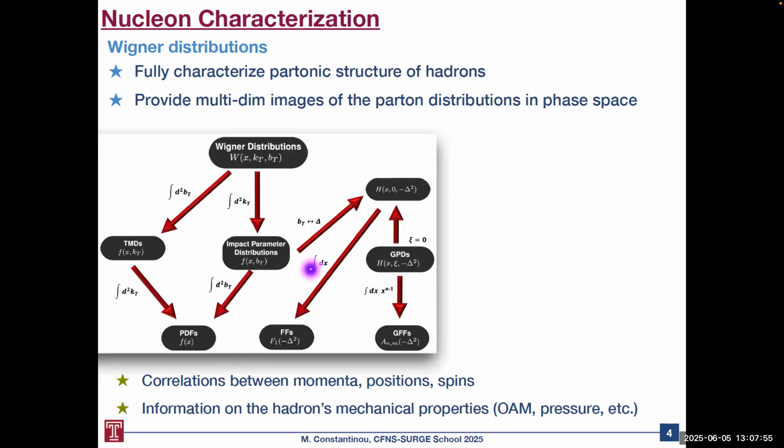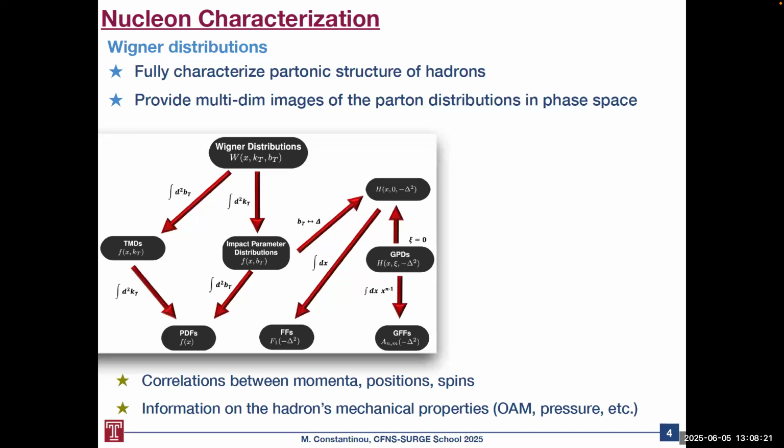There are these different arrows, and of course, the parent quantities, Wigner distributions, which are 5-dimensional objects, are very difficult to calculate. And there are all of these other observables, starting from the simple ones down here, which are 1-dimensional. These are 3-dimensional, and this is 5-dimensional. When I say dimensional, I mean they depend on 5 parameters.